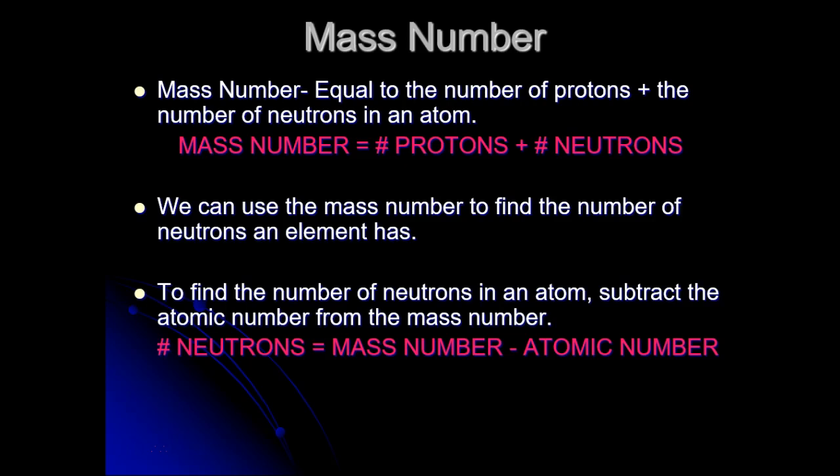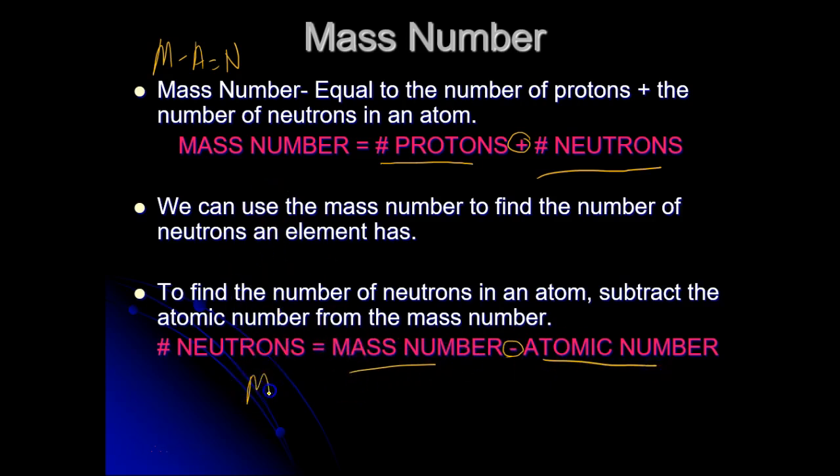Okay. Mass number. This is the part of the man. M minus A equals N. The mass number is equal to the protons plus the neutrons. Okay? Or you get neutrons equals the mass number minus the atomic number.